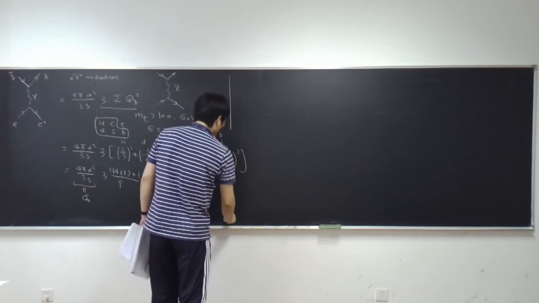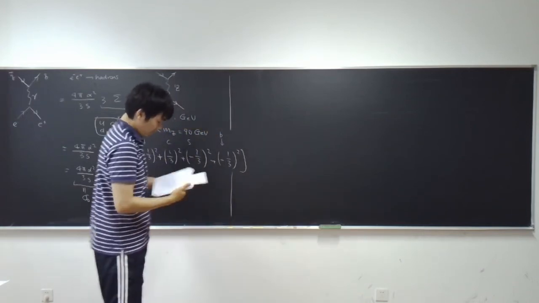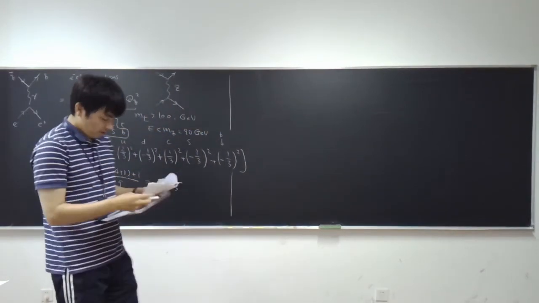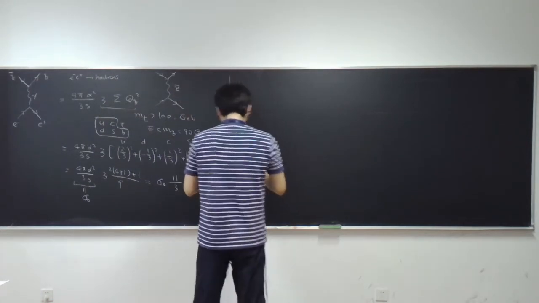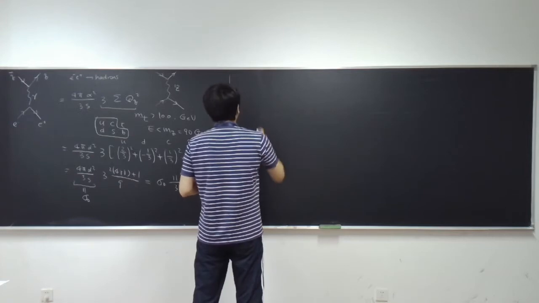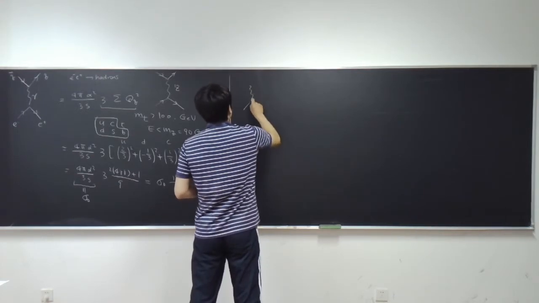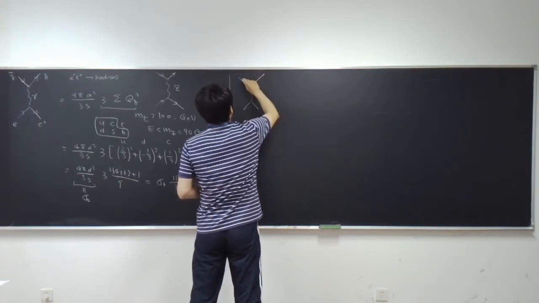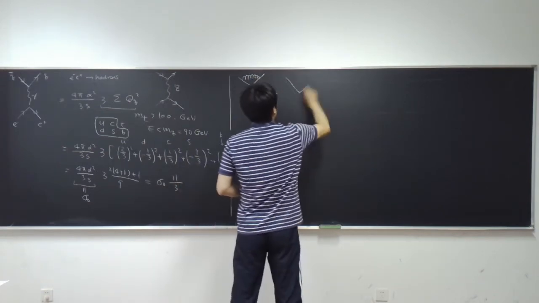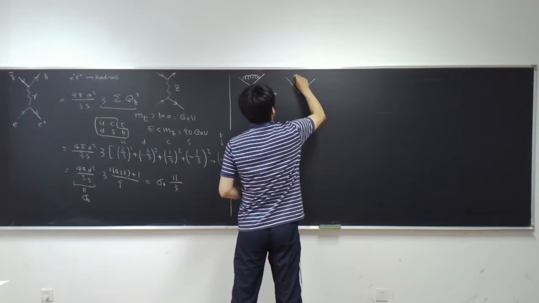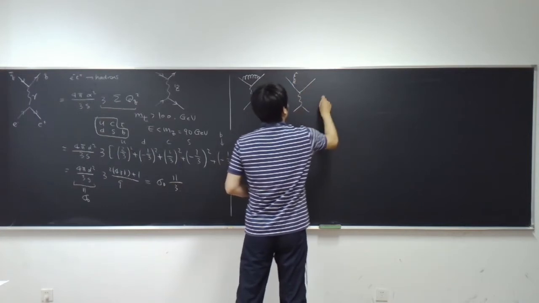So that's one correction I want to make, and there are lots of mistakes. The last time, sorry, this is not my stuff indeed. So what we consider is this diagram.